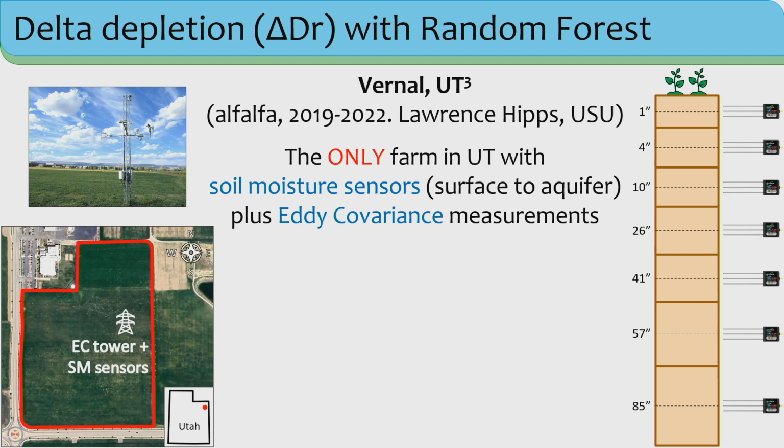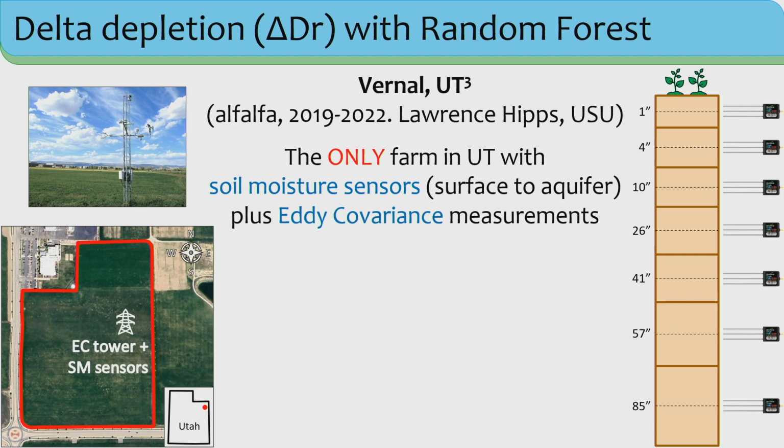In Utah, in the entire state, we have only one site where there is a unique combination of eddy covariance measurements along with a soil moisture profile from topsoil all the way to the groundwater table that provide us with information on the variability of soil water storage over multiple years. And this is the data that we are using in our machine learning.